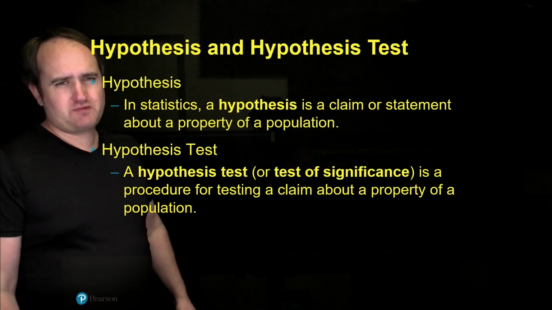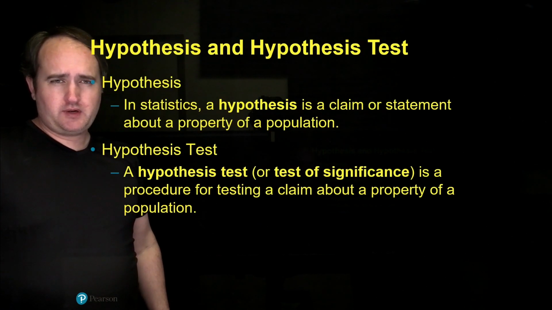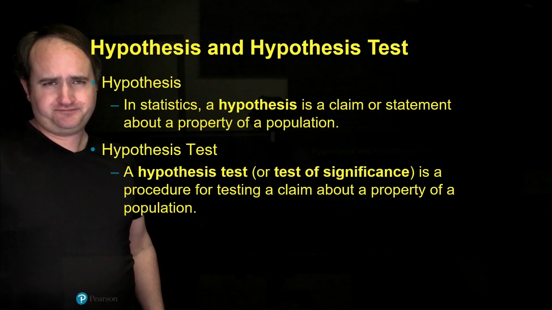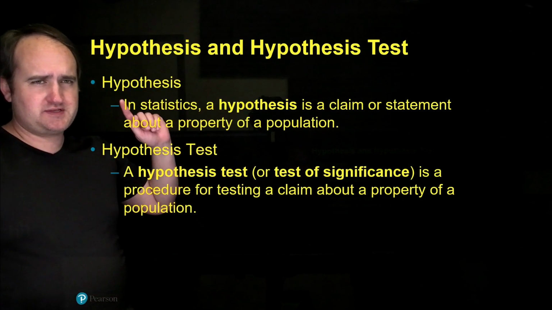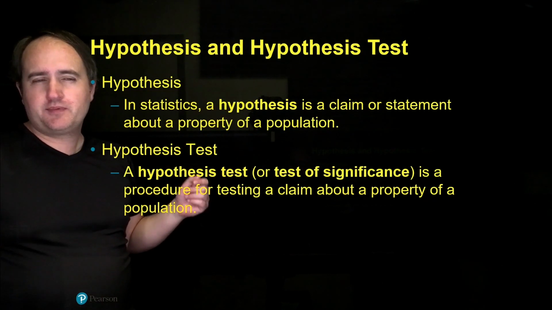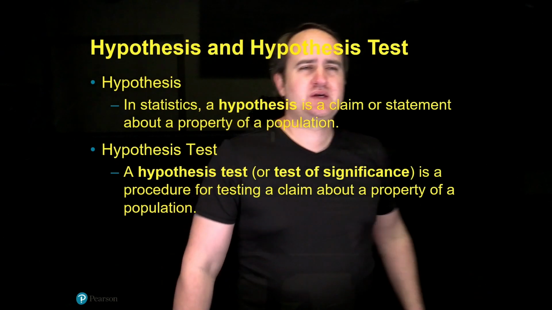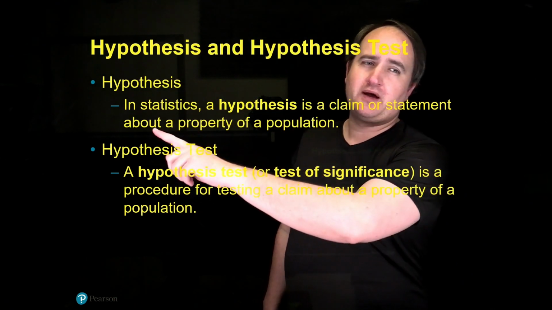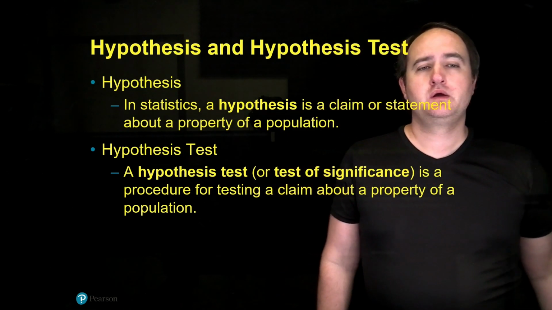Okay, so first of all, what is a hypothesis? So if we were in a science class, in some classes, hypothesis might mean more of a guess, but rather than a guess, in statistics what it means is it's a claim or a statement about a property of a population. Okay?